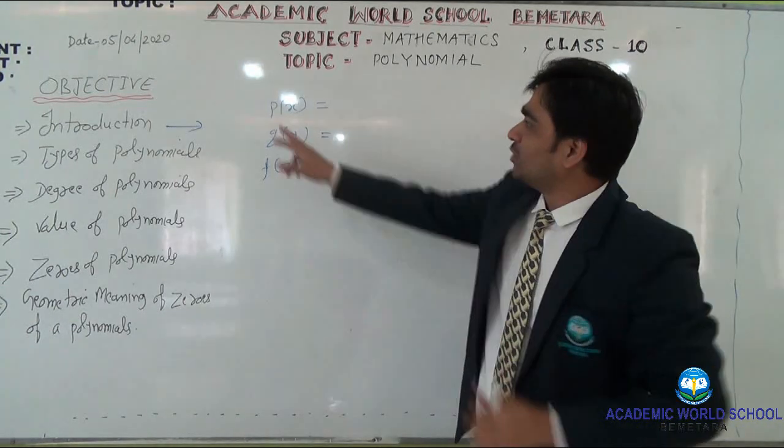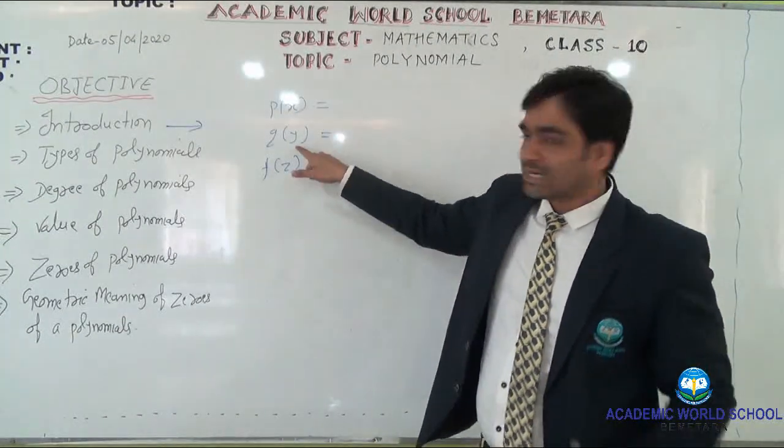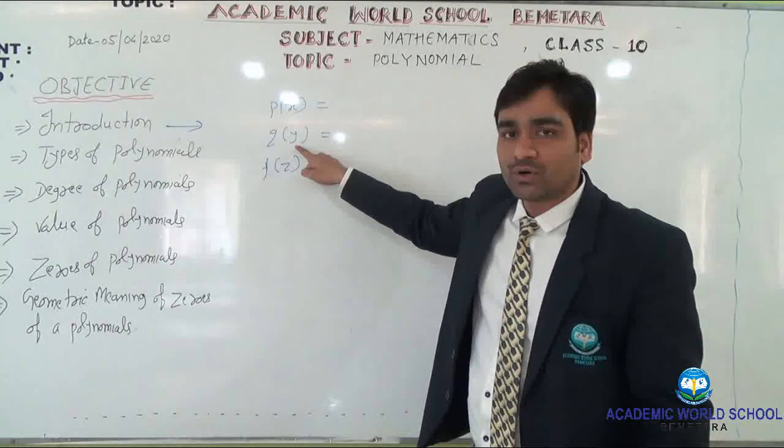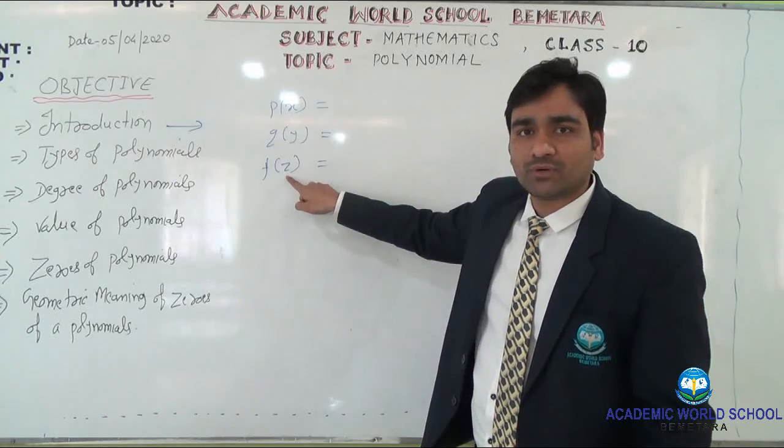So here the polynomial p(x) shows that the polynomial in terms of x, and this is another polynomial which is in terms of y, and here the next polynomial which is in terms of z.